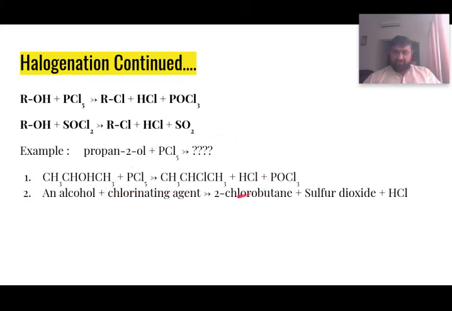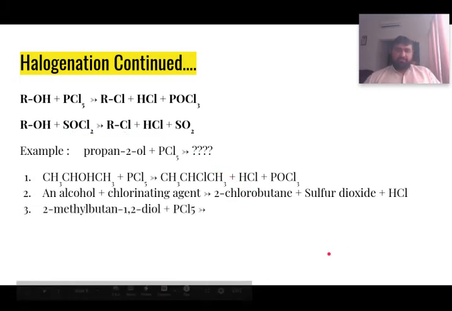There is a Cl on the second carbon, so it has to be butan-2-ol. Sulfur dioxide is only produced when you deal with SOCl2. So your alcohol is 2-butanol, the product is 2-chlorobutane, and the chlorinating agent is SOCl2.